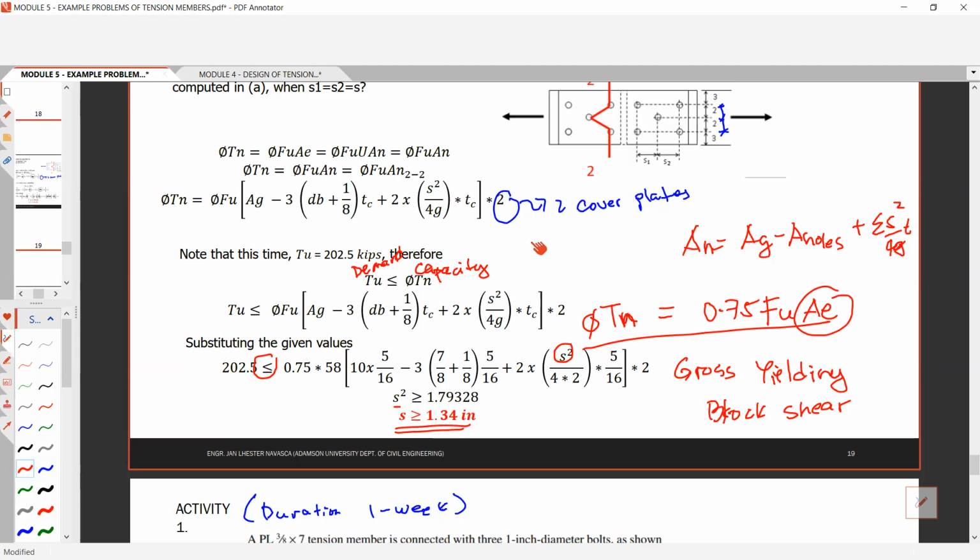Sir, sa field po ba, pina-follow niyo po ba yung 1.34 po? Exact po? Or may parang estimation? No. We are considering in the field constructability issues, since hindi natin nagagawa yung 0.34 inches. So we can use, in millimeters, we are using by 25 millimeters.